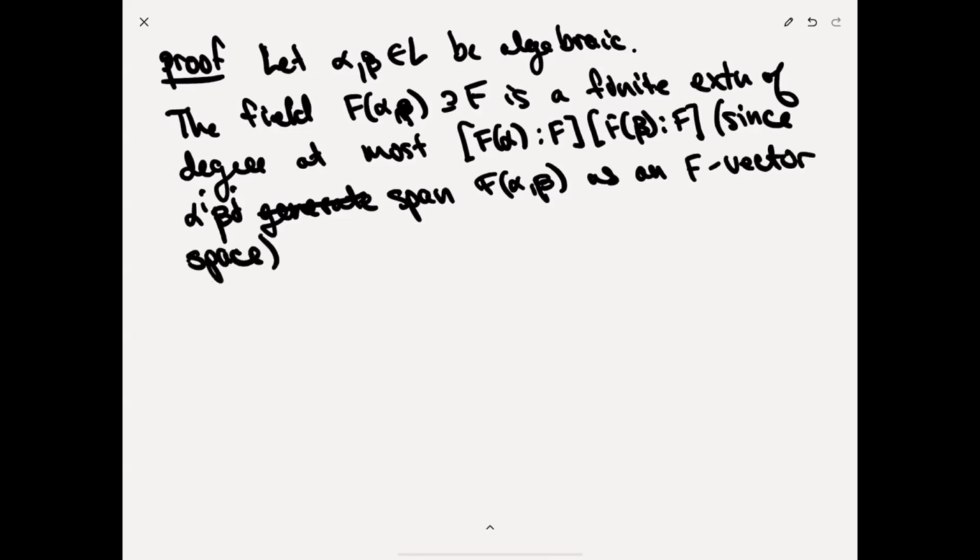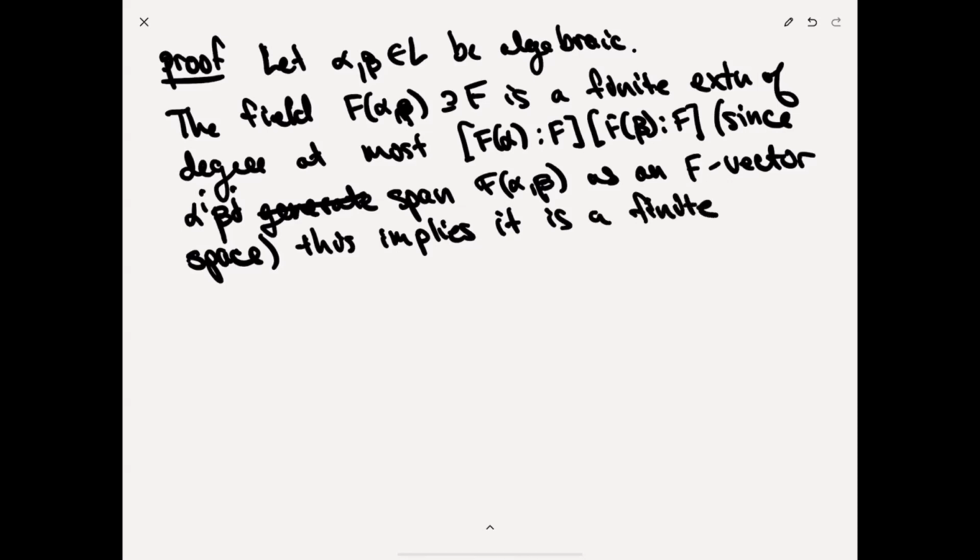So there might be more relations among these, but they certainly span it. So this implies it is finite dimensional, a finite extension.